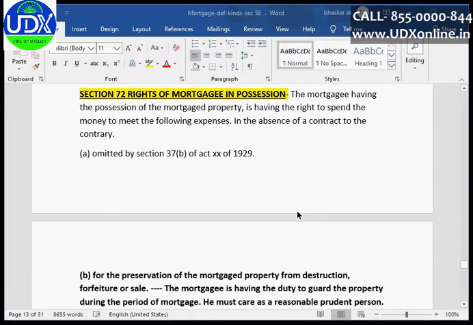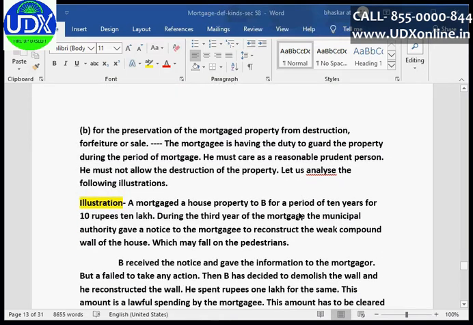What are those rights? Okay, the first one. I have explained you Section 63A, while I was explaining about the rights and liabilities of the mortgager. It speaks about improvements to the mortgaged property.